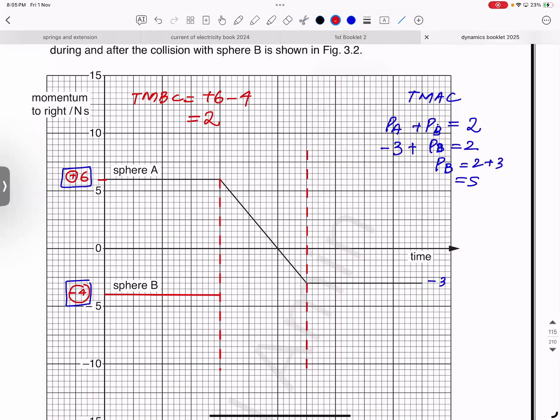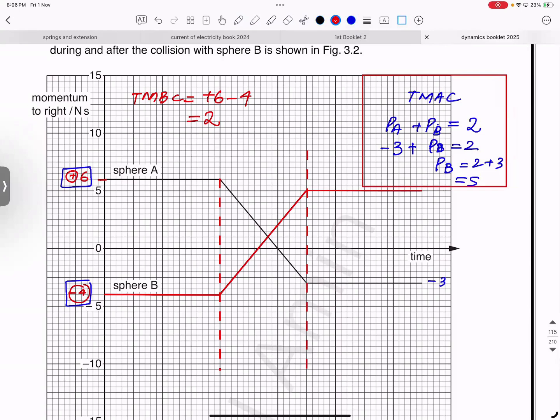Take the ruler, go to the 5, draw a line after collision, and till the same point in time. Now you will connect these two lines. Look, this is your final step. So this is how you do. You found the final momentum of B first using the principle of conservation of momentum.